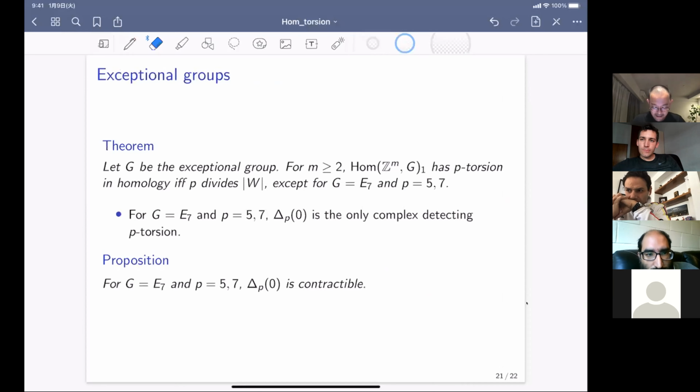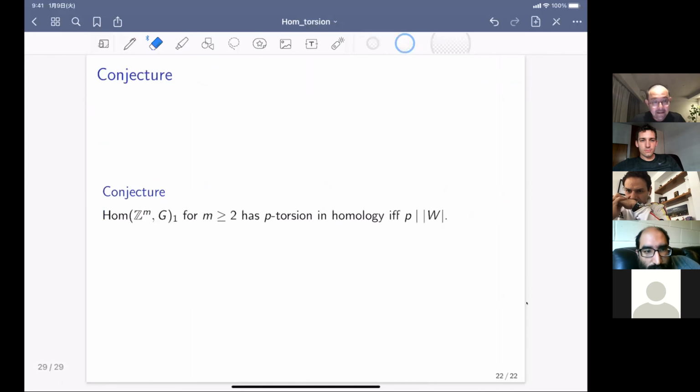Okay. But I think this failure comes from the fact that we are only considering the top cell of the space. So let me conjecture this.